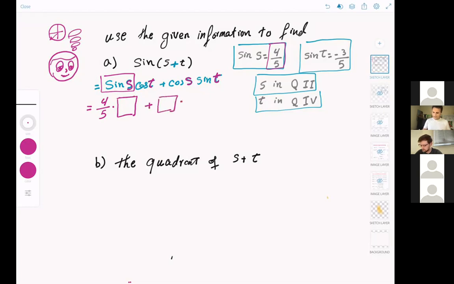Sine of T we have, it's -3/5. So our job is to find cosine of T, and we need to find cosine of S.